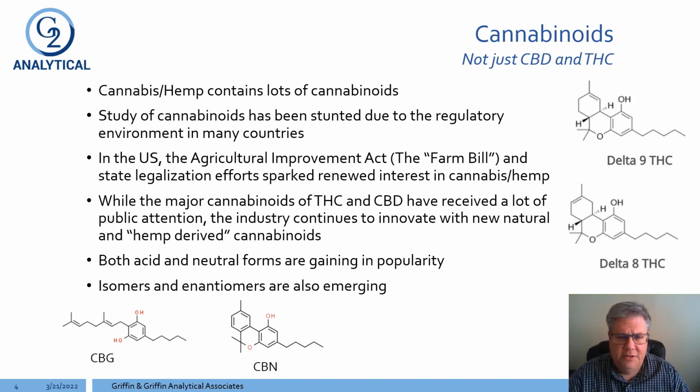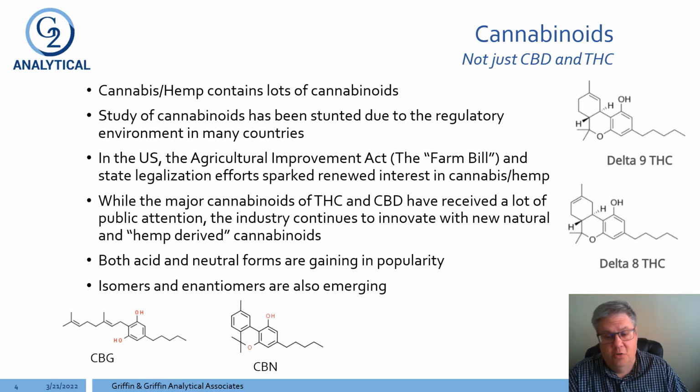And CBD has been studied very heavily for its neuroprotective benefits. And recently, the FDA has even approved a drug that contains CBD as its active ingredient for the treatment of two very rare childhood epileptic diseases.